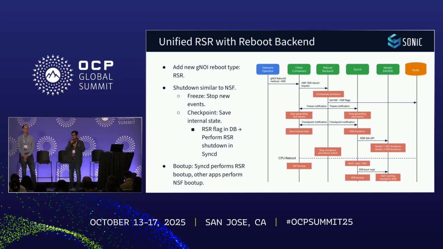The reboot backend starts the RSR shutdown, where it first sends a freeze notification so that the switch becomes quiescent and all applications stop generating new intents. That is followed by a checkpoint notification, which all applications interpret as a cue to save their internal states, whereas syncd performs an RSR shutdown and calls the RSR SAI API, and the vendor can implement it based on whatever they want, NSF shutdown or RSR shutdown.